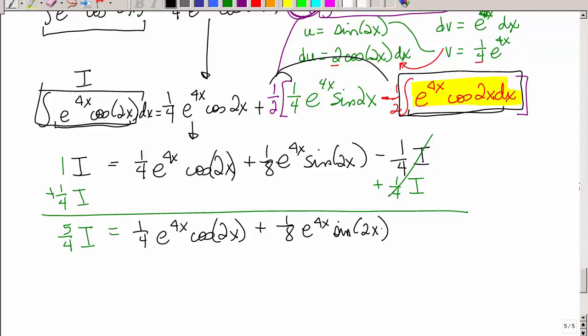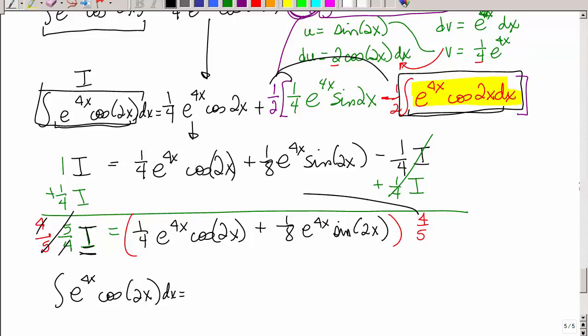Remember I was my problem, so how am I going to get I by itself? Again, back to algebra. I would just multiply both sides by that reciprocal. So I have I. I'm going to go back to what I was equal to: the problem.